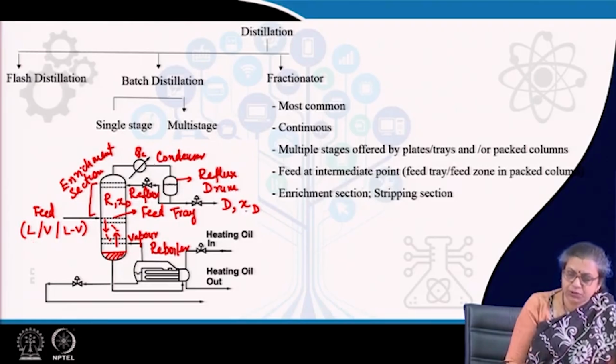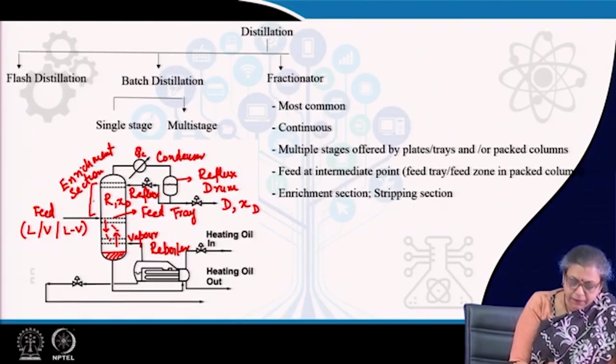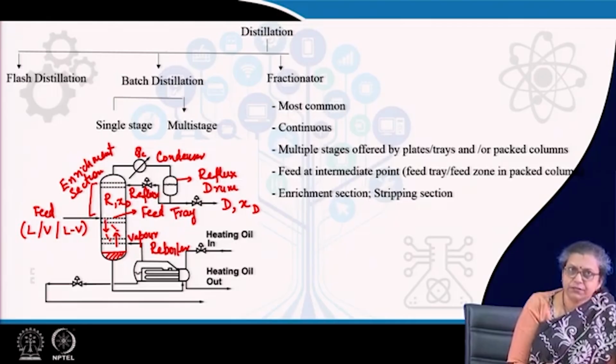What will be the purity that we get from the feed composition and flow rate with which we started? We can achieve that by deciding upon the number of stages in the column. So, depending upon the purity, we decide the number of stages.